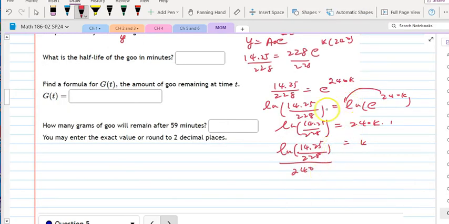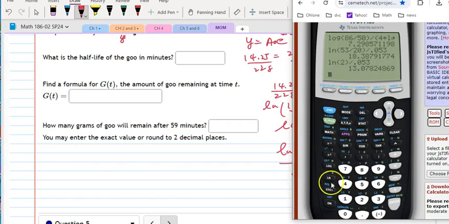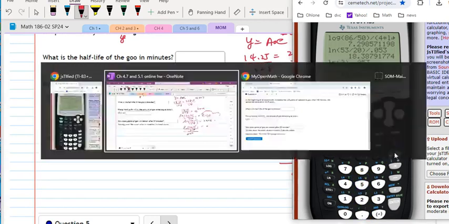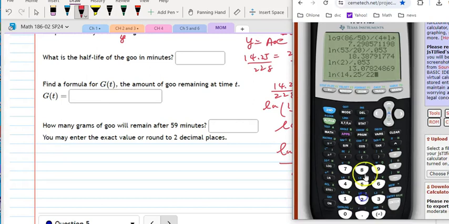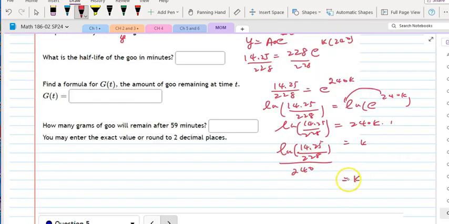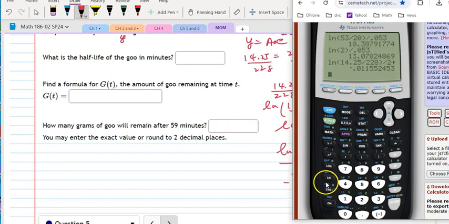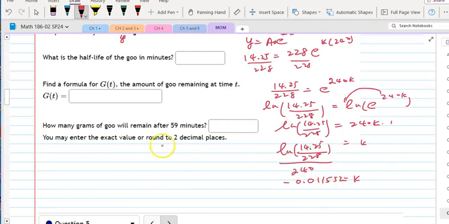Yeah, we should do ln. ln of 14.25 over 228, it decreases a lot, divided by 240 would be really small. Negative 0.011552. So use as many decimal places as possible.